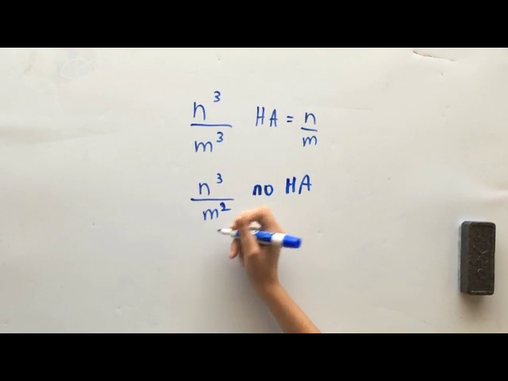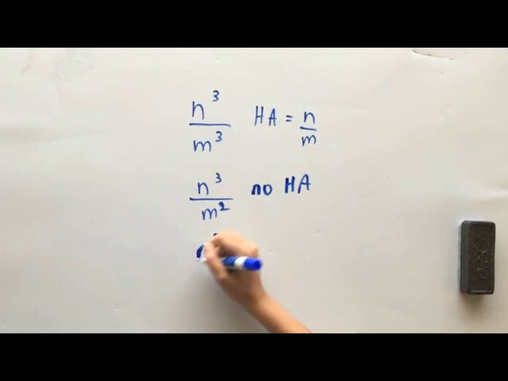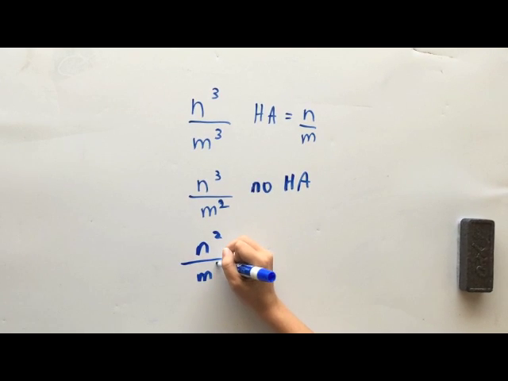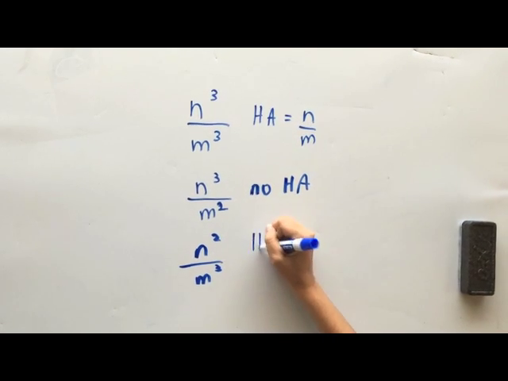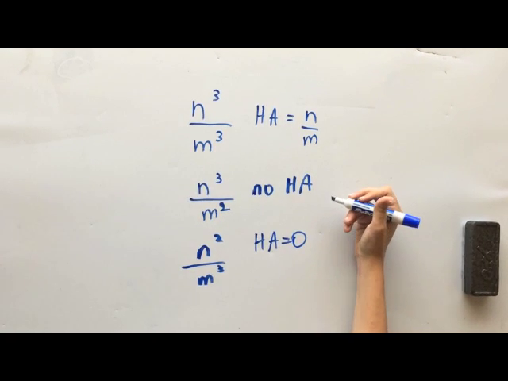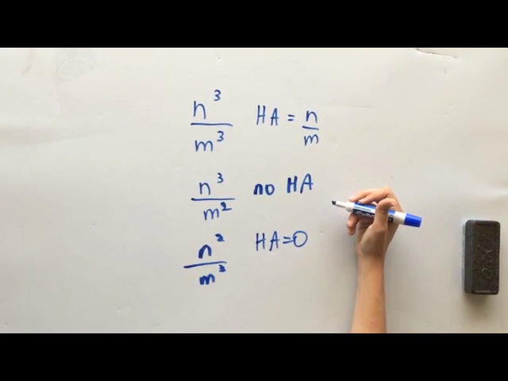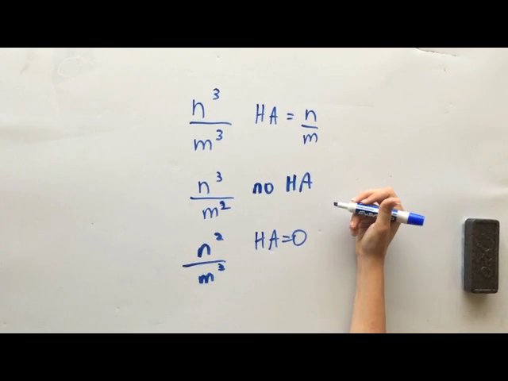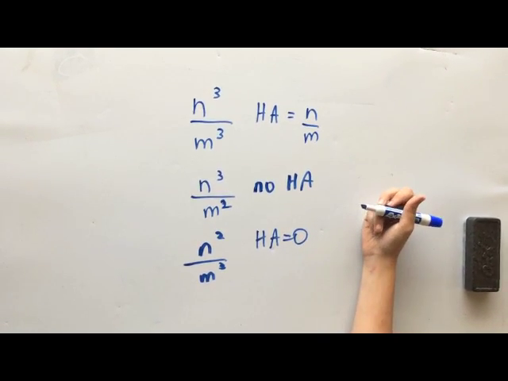But if the degree of the numerator is less than the degree of the denominator, then the horizontal asymptote equals 0. So from our original problem, the highest degrees of the denominator and the numerator are equal, so you take the leading coefficients, which were 1 over 3.